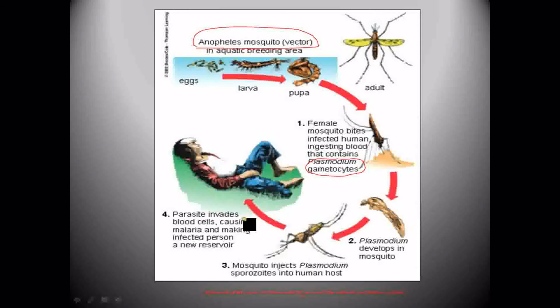Once the parasite invades the blood cells, and that's what it does, the diagnosis for this disease is finding these little parasites inside your red blood cells. It's really the only way to tell what's making you sick. And the person that gets sick has a wide variety of problems.